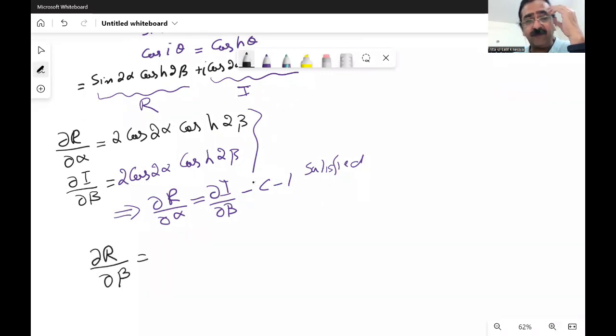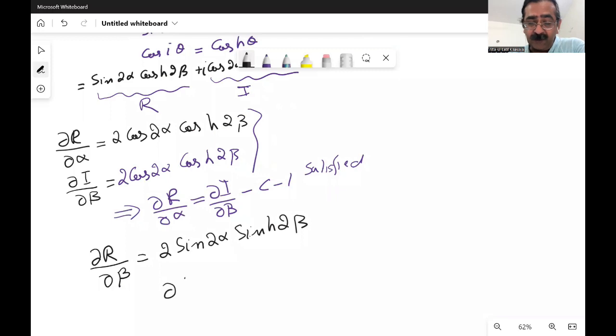We take the derivative of this R with respect to beta. So this will become 2 sin 2 alpha sinh 2 beta.